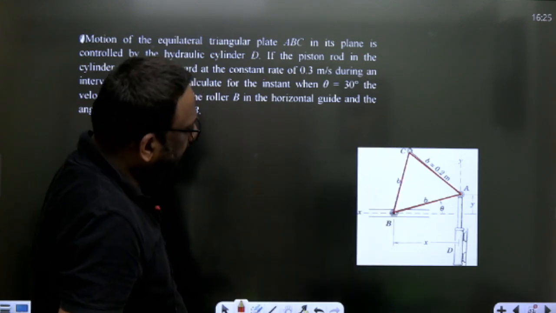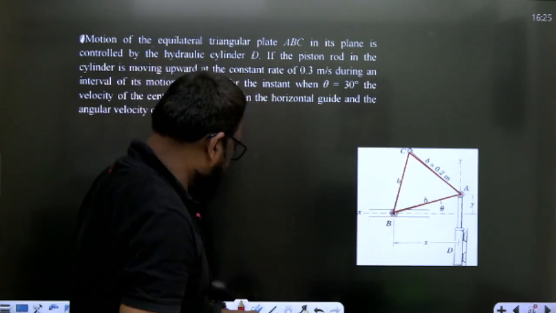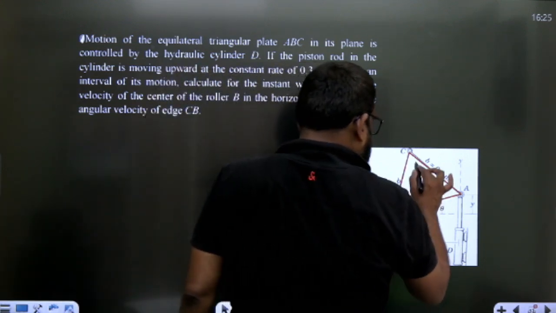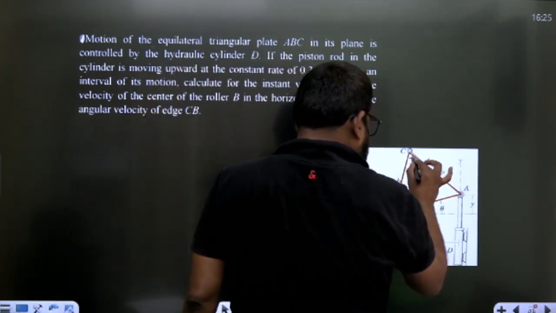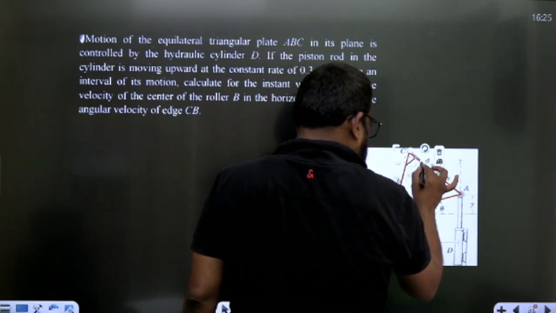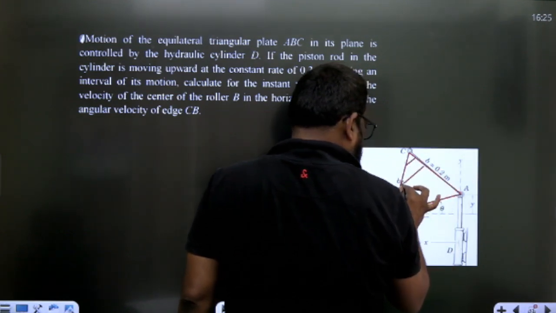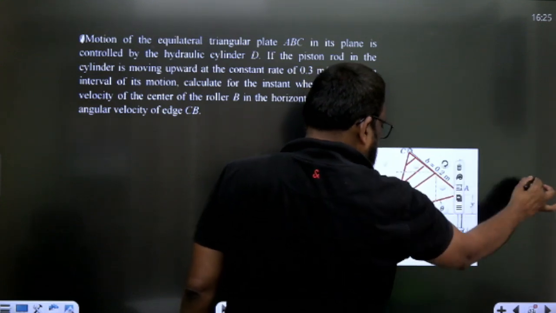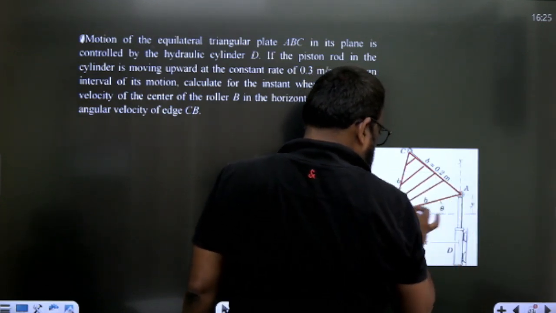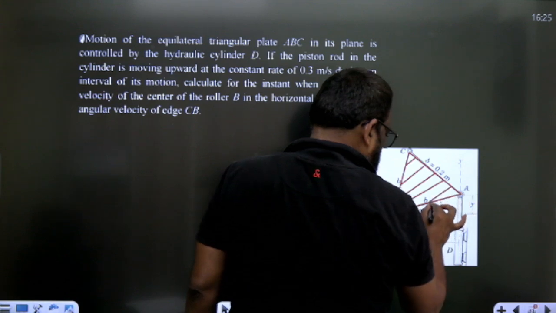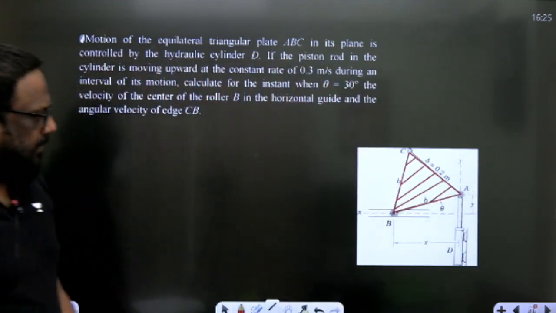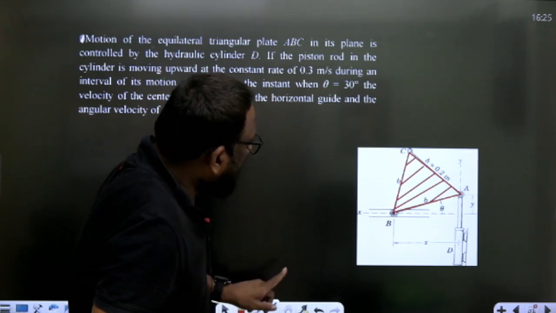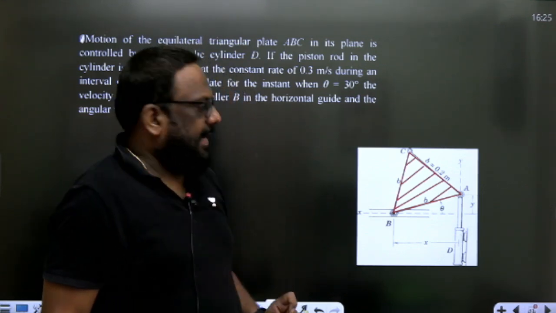Okay, never mind. This is completely a single plate, sir. Let me show this as a single plate. This is a single plate. Now, it is an equilateral triangle.